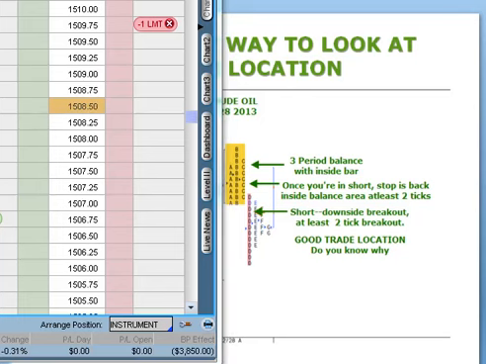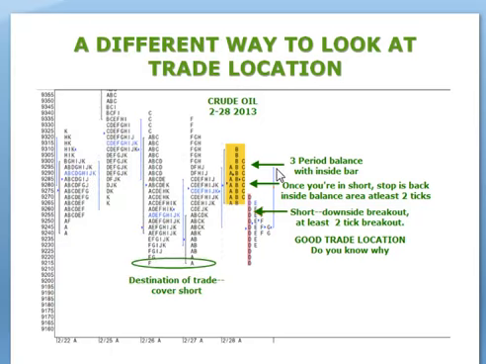Now, here's a case where I've shown the balance. You have a 3-period balance with an inside bar, and you'll see that's about the center of the previous day's range. So most people would think, well, to buy or sell it there doesn't make a lot of sense because that's bad trade location. No, it's not. Because when I break out to the downside in D period, I came out of balance.